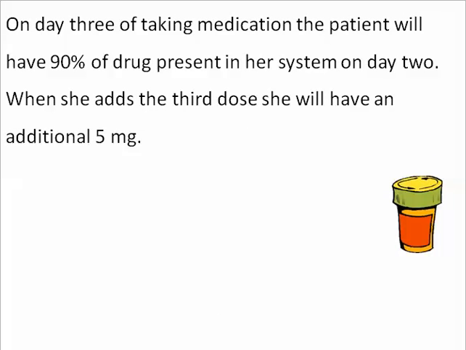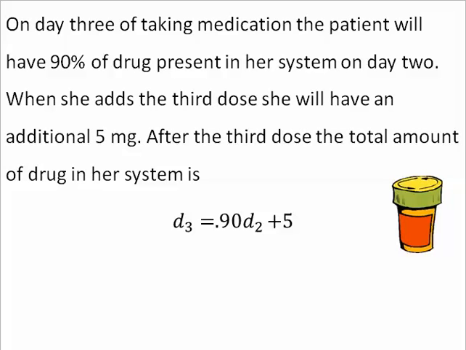On day 3 of taking medication, the patient will have 90% of the drug present in her system on day 2. When she adds the third dose, she will have an additional 5 milligrams. So D sub 3, the total amount of drug in her system after the third dose, is going to be 90% of D sub 2 plus 5.